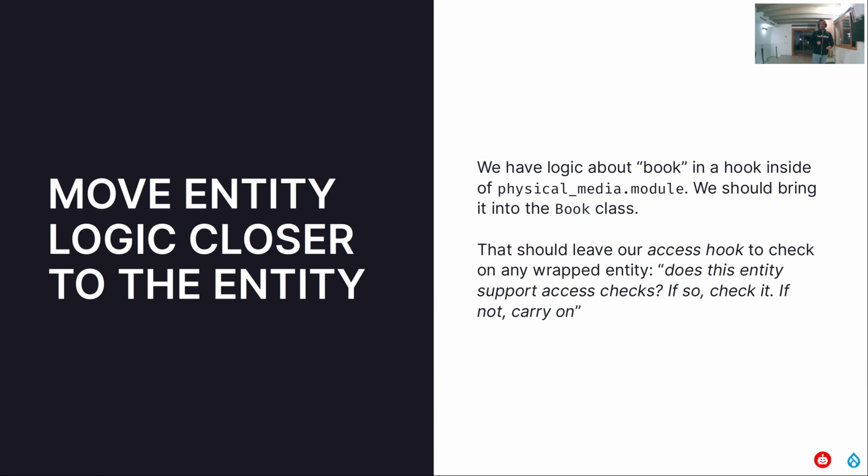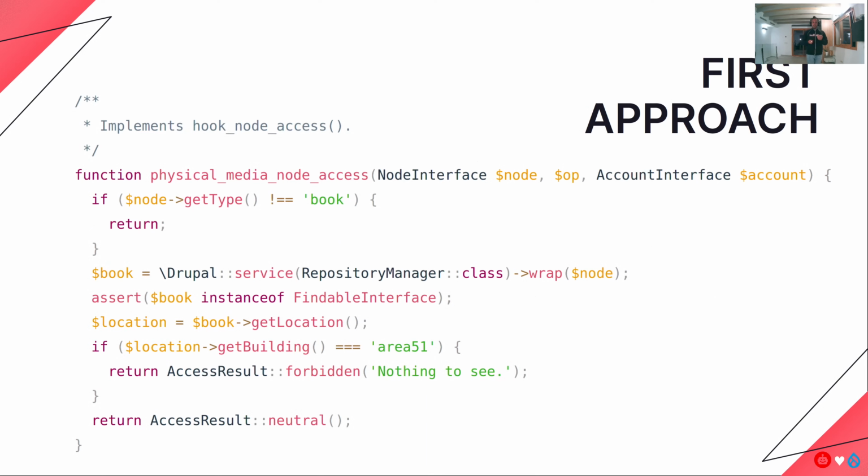This is great. However, there are a couple improvements that we can make, and it's that we can still move the entity logic closer to the entity. In this approach, in this hook implementation, there is still stuff that is specific to this client or this ticket or this business need, right?